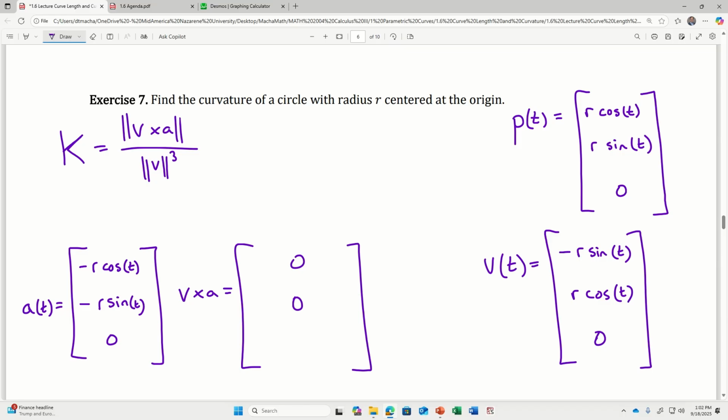If I've got 3-dimensional vectors, then their cross product is another 3-dimensional vector. But for 2-dimensional vectors, it's just a scalar because the first 2 entries in the cross product end up canceling to 0 because my z-coordinate is 0 both times. So my cross product is going to end up being 0, 0, and then something like v1 a2 minus v2 a1.